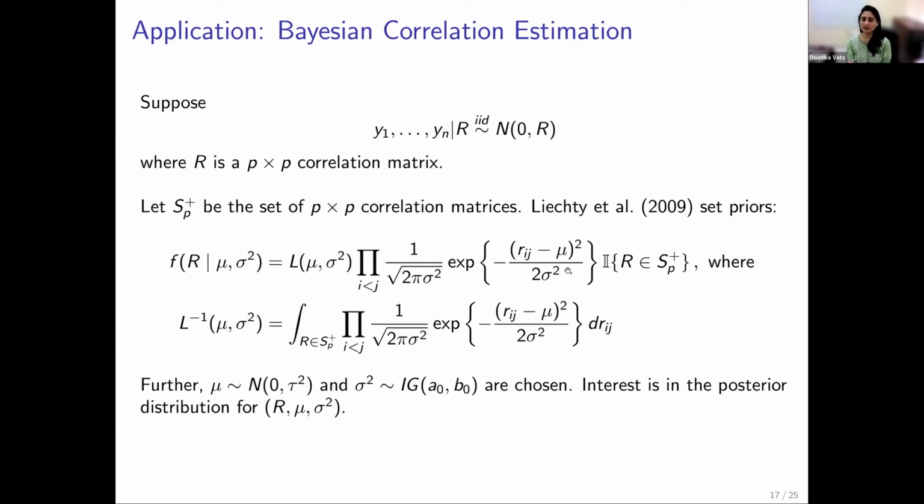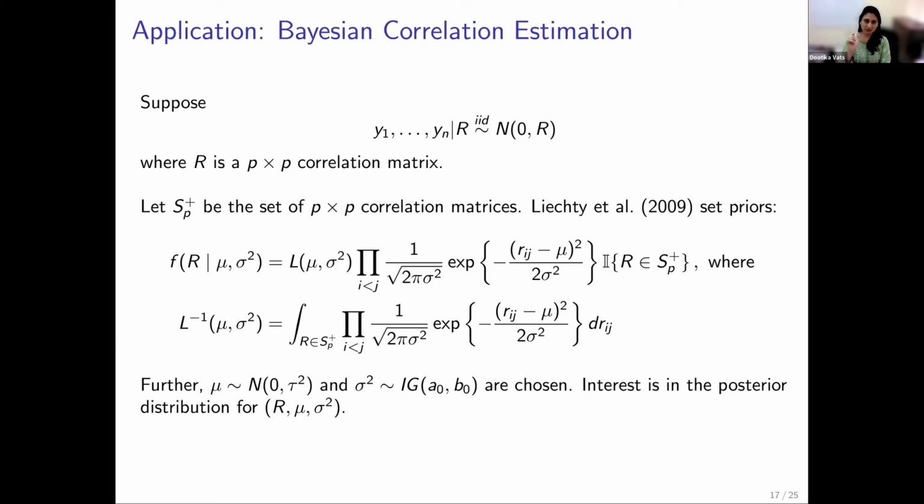Now further, because mu and sigma squared are going to be parameters of interest as well, we put priors, or Liechty put priors on those as well. So that mu has a Gaussian prior, mean zero, variance tau squared, and there's an inverse gamma prior on sigma squared. Okay, and tau, A naught, P naught are hyperparameters.